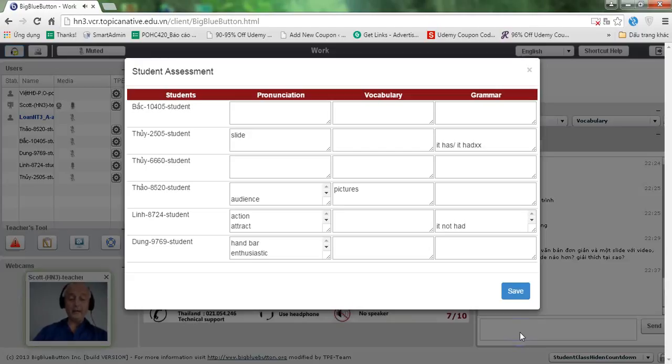Now, when you were having a conversation, you said in your sentence, it had attract. And you were supposed to say, it has with the S, it has to attract the audience. It has to attract the audience. So use has instead of had. Okay?